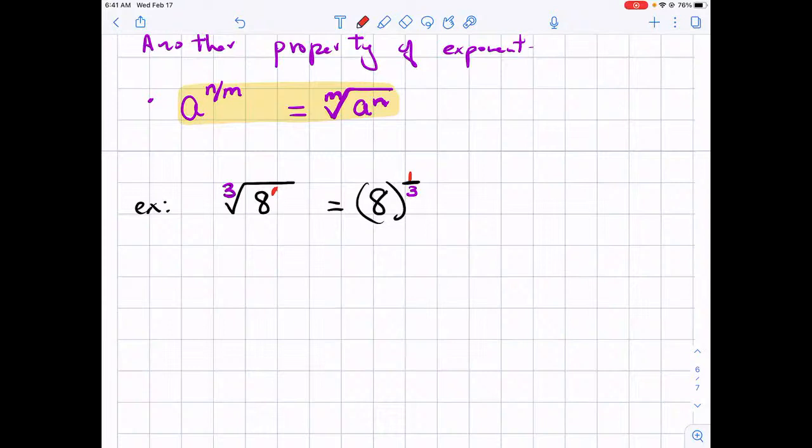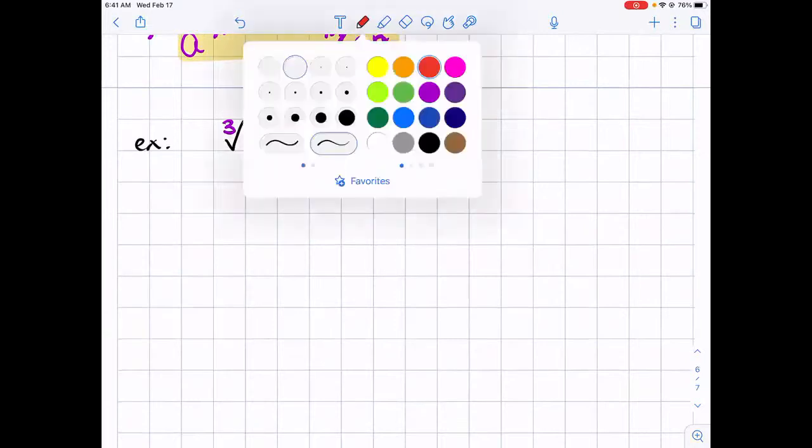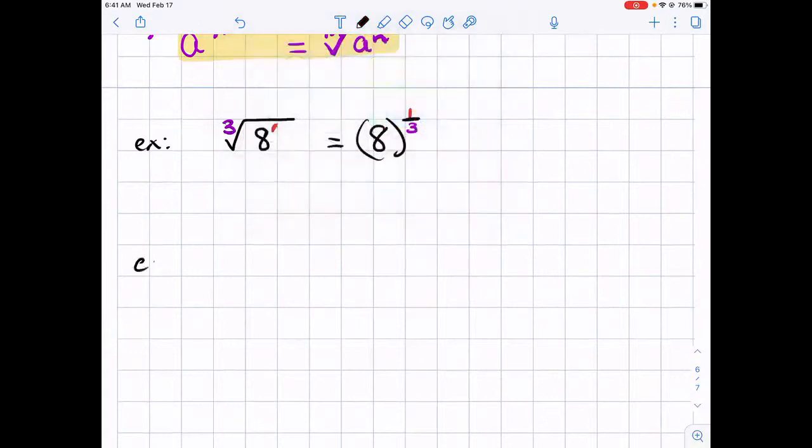So now that we've seen this, we can work out examples of roots or rational exponents.